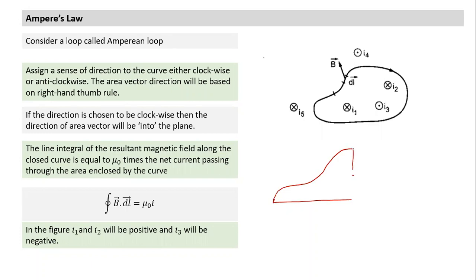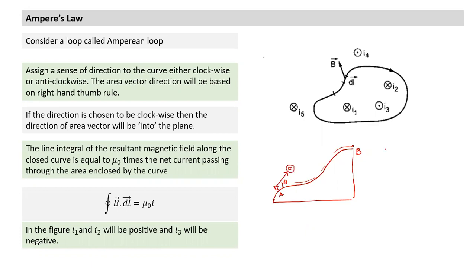Work done. Suppose there is a mass which is moved along a curved path, and I'm pulling with some force F. The force always makes an angle theta from the horizontal, and this mass is moved along this path. When I move from A to B, what is the work done by the force? How would you calculate it?